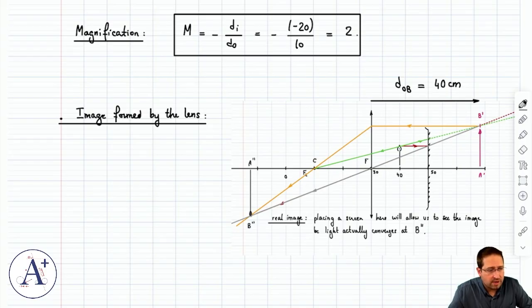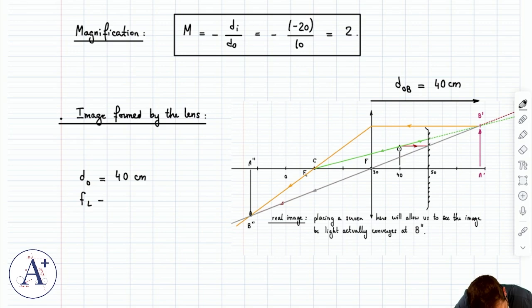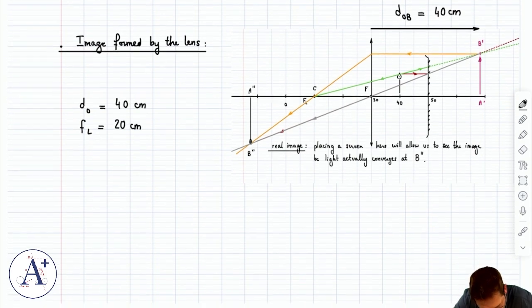Now I have to look at the image formed by the lens, and I have to say that my object distance, DO, is 40 centimeters, that's what we just found over there, and that the focal length of the lens is 20 centimeters. Now we apply the lens equation. Of course, the lens equation is mathematically the exact same thing as the mirror equation.